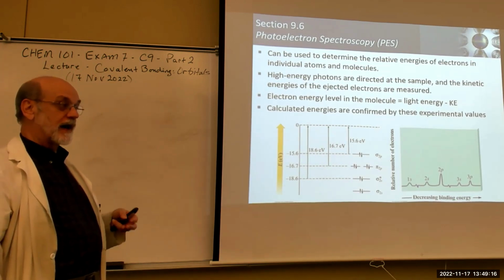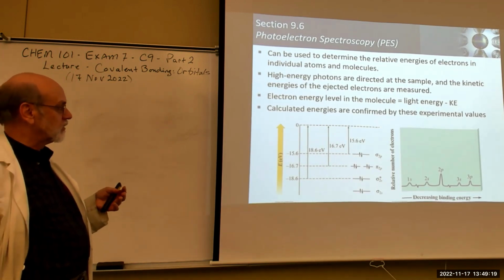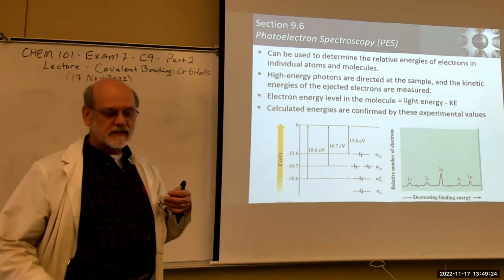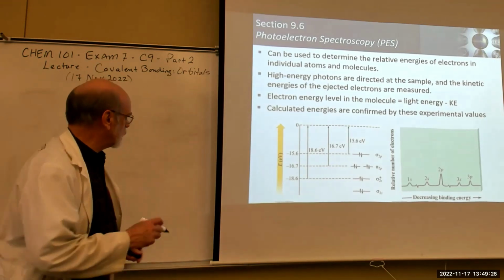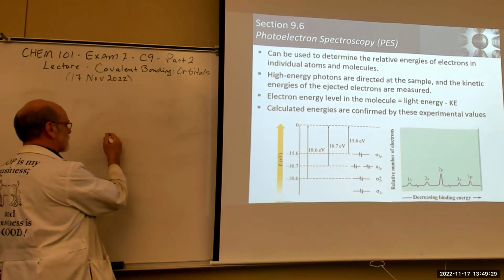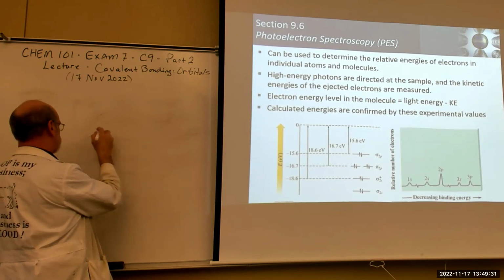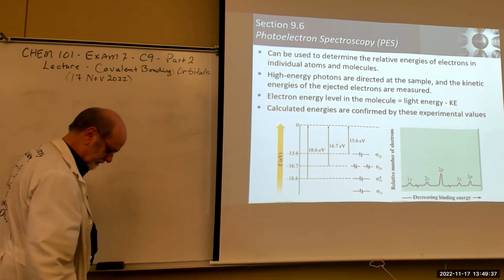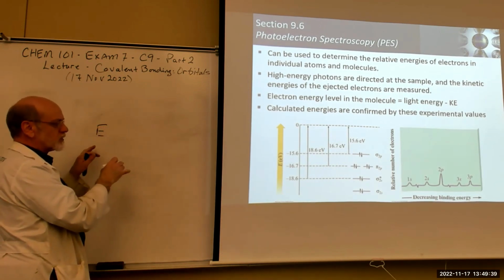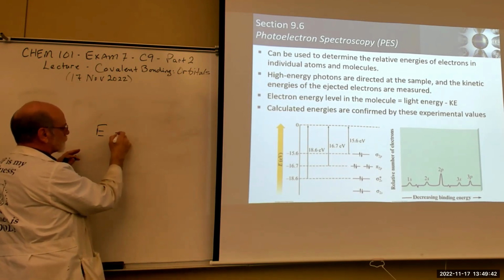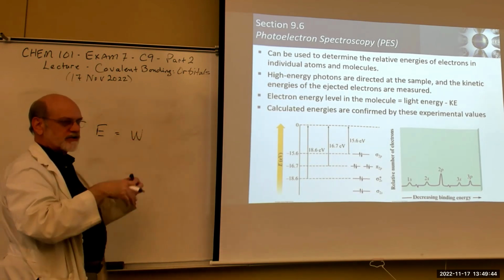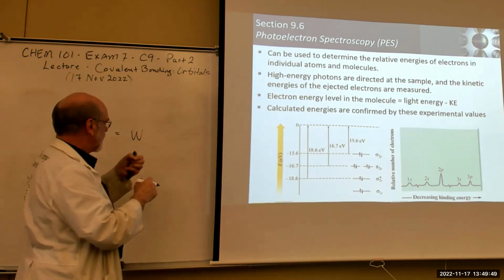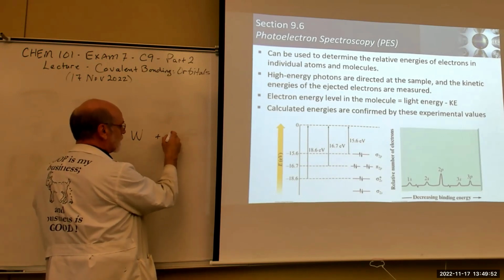We shoot high energy photons at the molecule and note the energies of the ejected electrons. If you've had physics before, you know that the energy of the photon is equal to some work function. Let's say, how much energy does it take to get that electron off of that molecule. And then whatever's left over is kinetic energy.